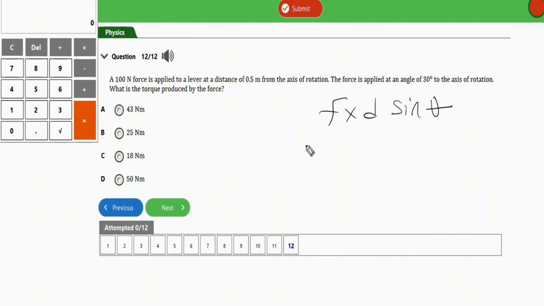So the force here is 100 times 0.5 times sine 30 degrees. If you punch this on the scientific calculator, you are going to have an output of 25 Newton meter. So that would be the correct option in this question, option B.